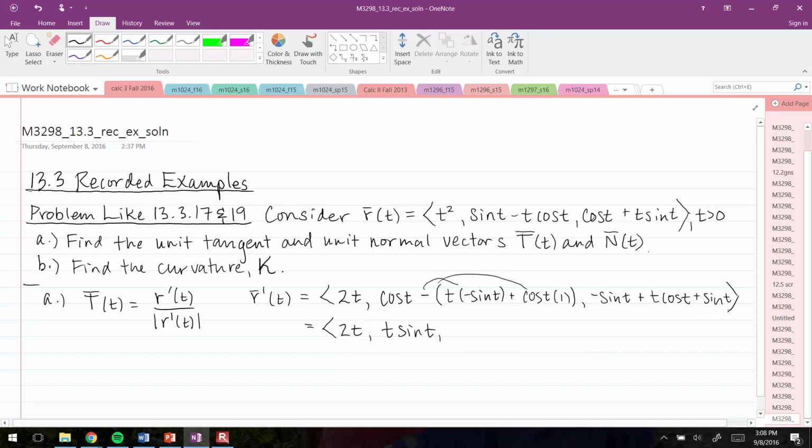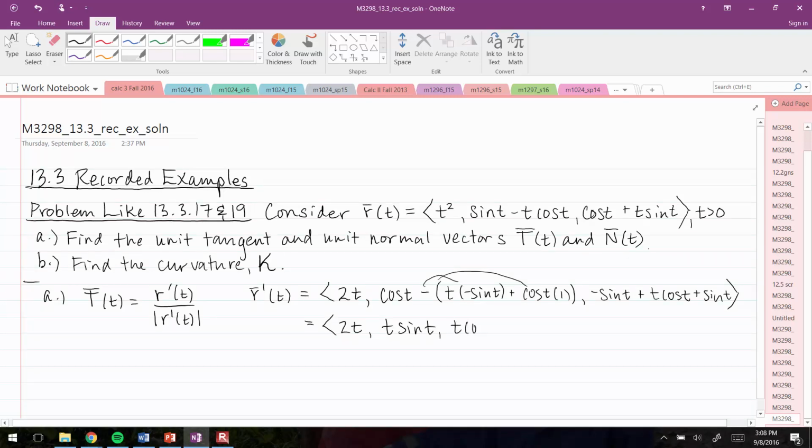Negative sine t plus sine t is 0, and then plus t cosine t is what remains. So kind of easy to lose track of what we're doing, but notice that we're just trying to find the numerator of that fraction for big T.